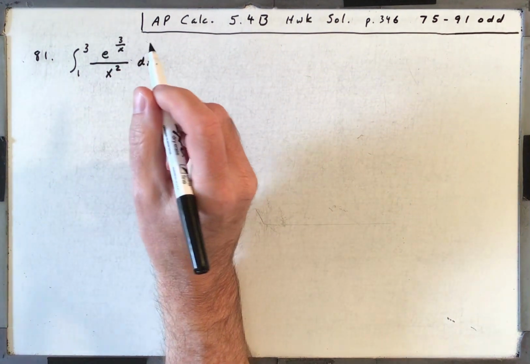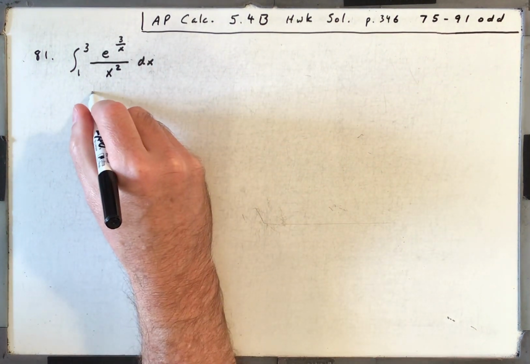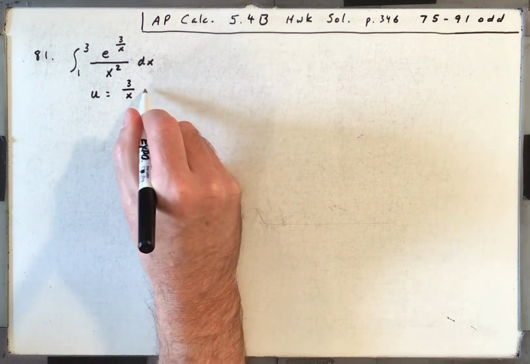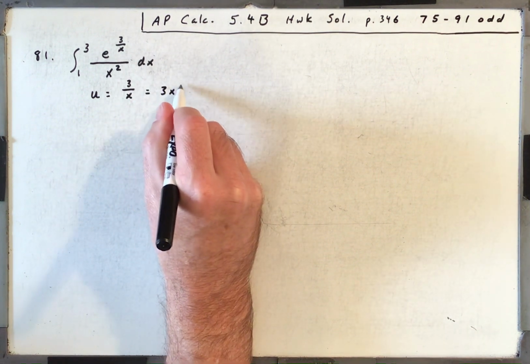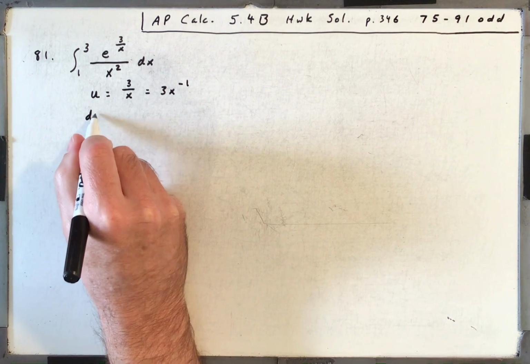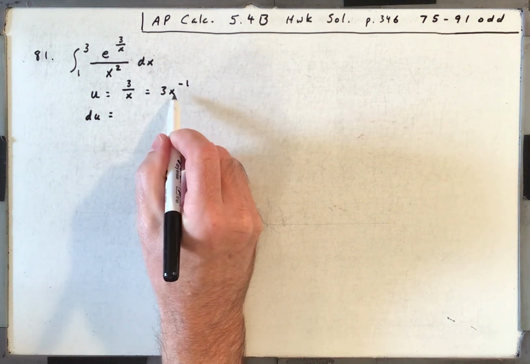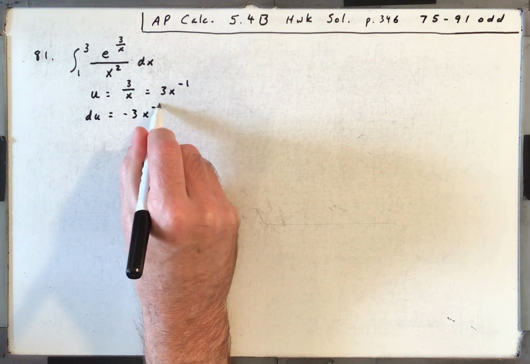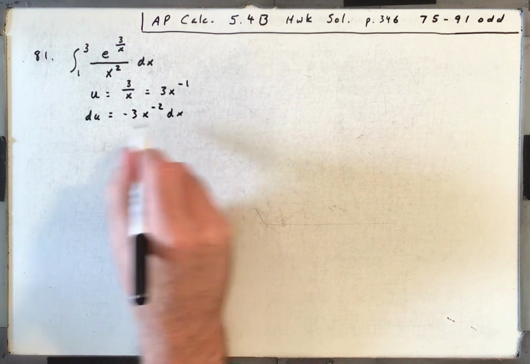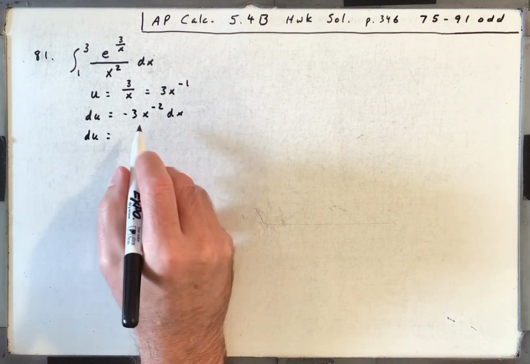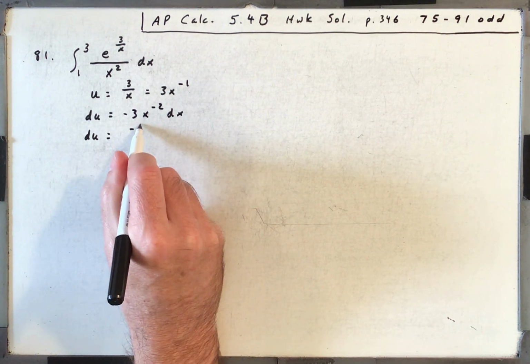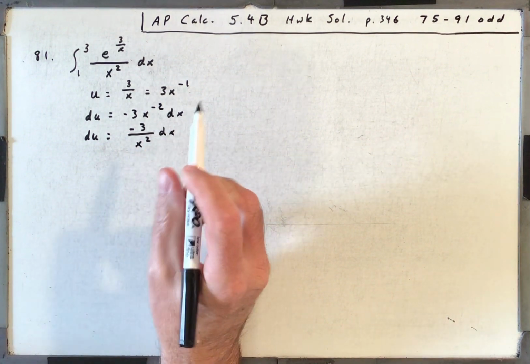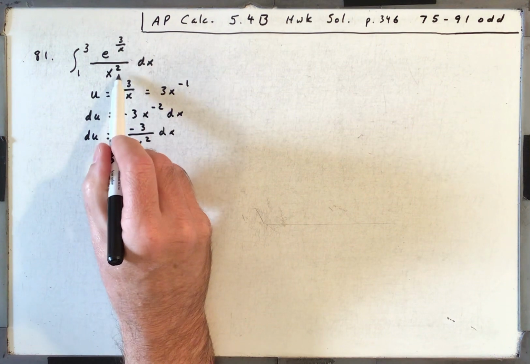Now I hope you can see that if you let u be 3 over x, that's the same as 3x to the minus 1, right? So du is going to be minus 3x to the minus 2, and that's just minus 3 over x squared dx. What I need it to be is 1 over x squared dx.